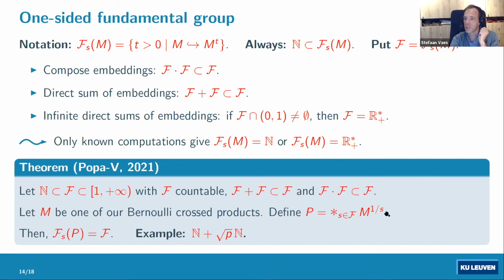Of course, if you're not into II_1 factors, you will not feel familiar with infinite free products and so on, but you can take as a base message that if F is countable and satisfies the semigroup properties, there is a machine that builds you a II_1 factor for which exactly this F is the one-sided fundamental group.